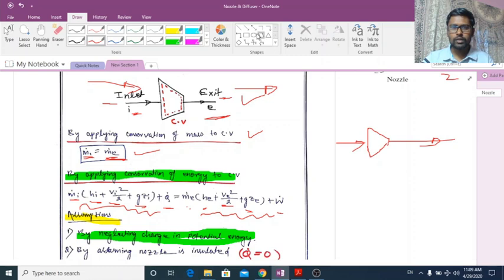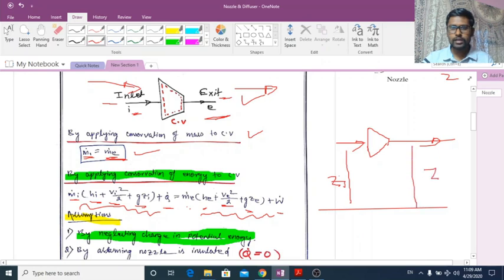I am taking a datum line here. So this height will be your Zi, and this exit height is equal to Ze. If the nozzle is in horizontal position, if I am placing the nozzle in a horizontal manner, then Zi is equal to Ze. So obviously potential energy change will be negligible.